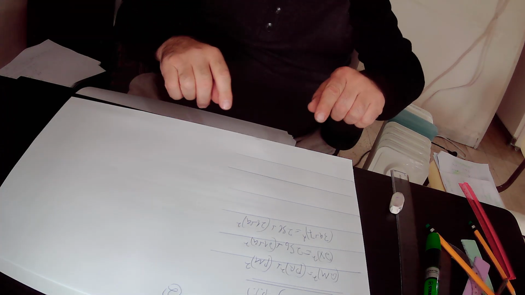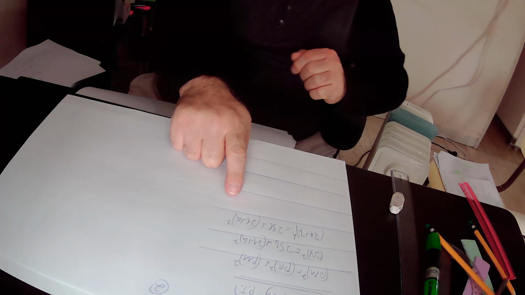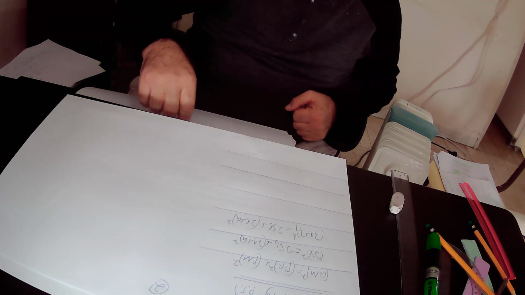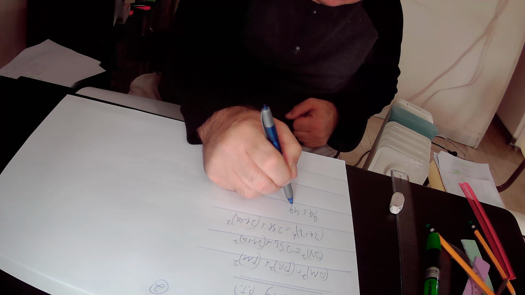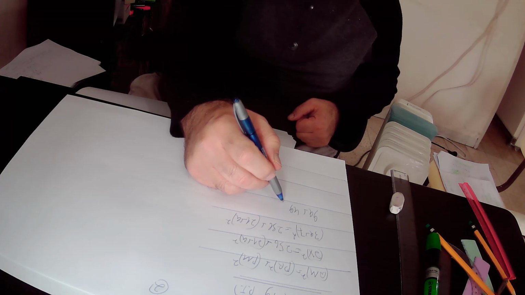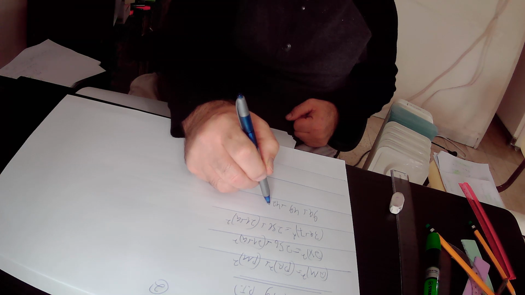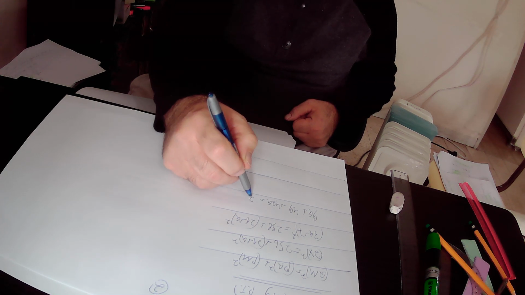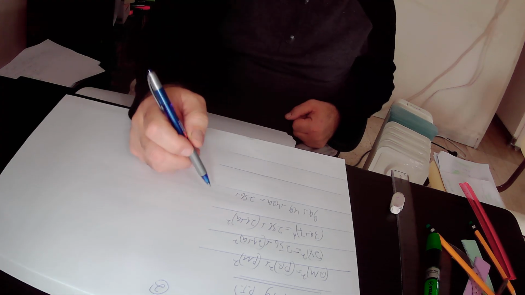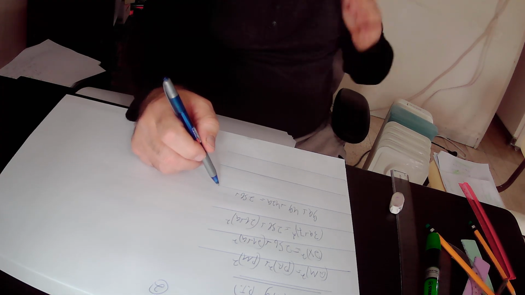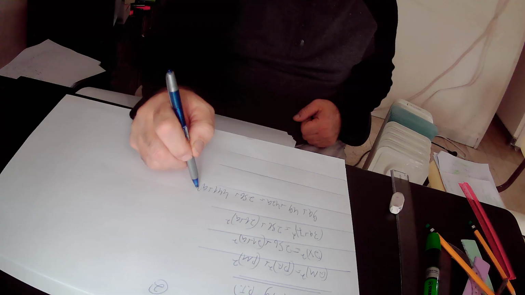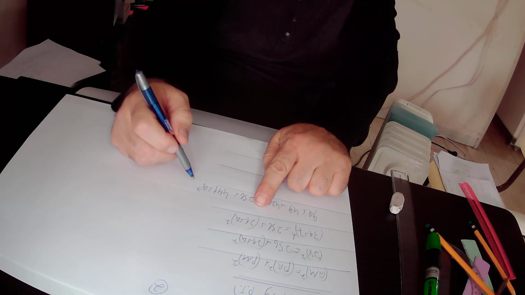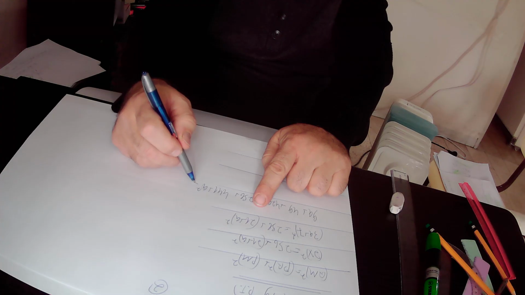Here we'll open the brackets on both sides. 3a plus 7 squared equals 3a squared, that is 9a squared, plus 7 squared, that is 49, plus 2 times 3a is 6a, and 6a times 7 is 42a. And this equals 256 plus 21 plus a squared. 21 plus a squared equals 21 squared, that is 441, plus a squared, plus 2 times 21, that is 42, times a. This is plus 42a.